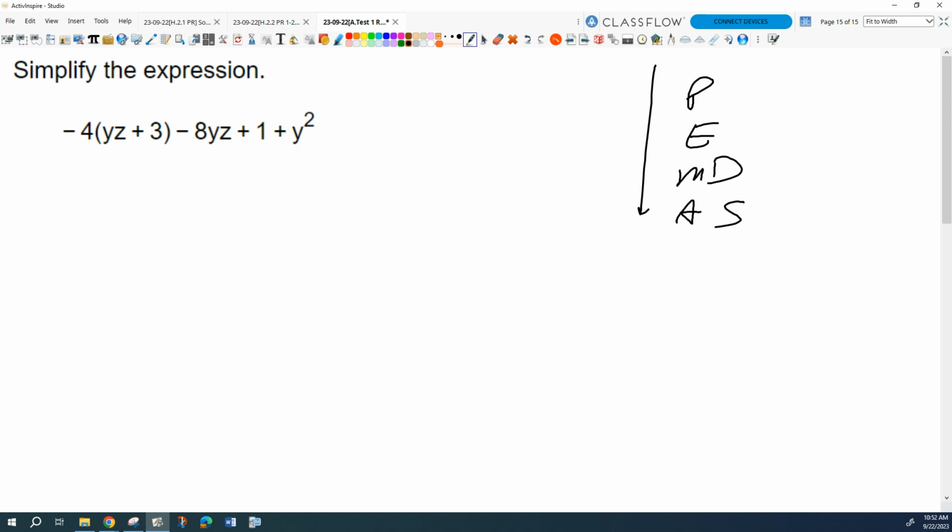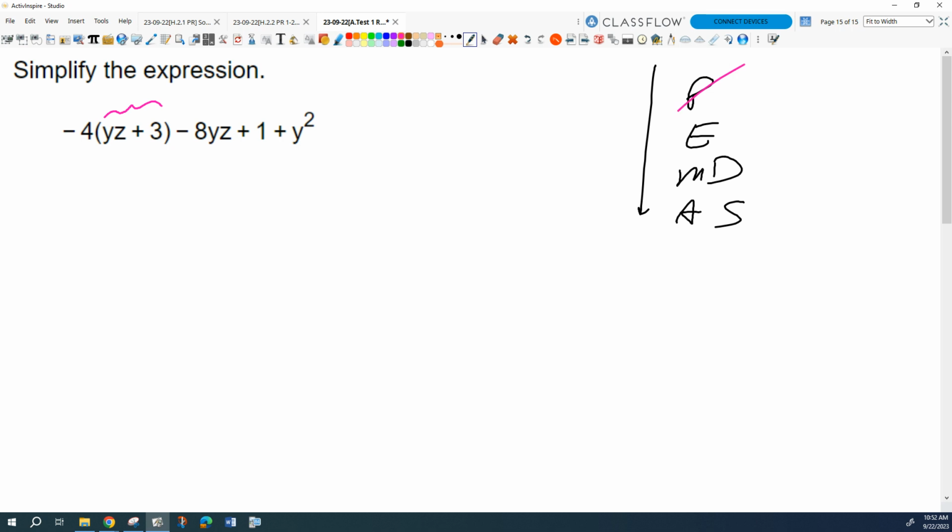Is there anything in parentheses I could simplify? Okay, no, there's not. I know what you're thinking. You're thinking distribute the -4, but the parentheses part is saying inside the parentheses, so that's everything in there. Inside the parentheses, I actually can't simplify anything, because I have two terms being added that are not like terms. So I can skip that one.